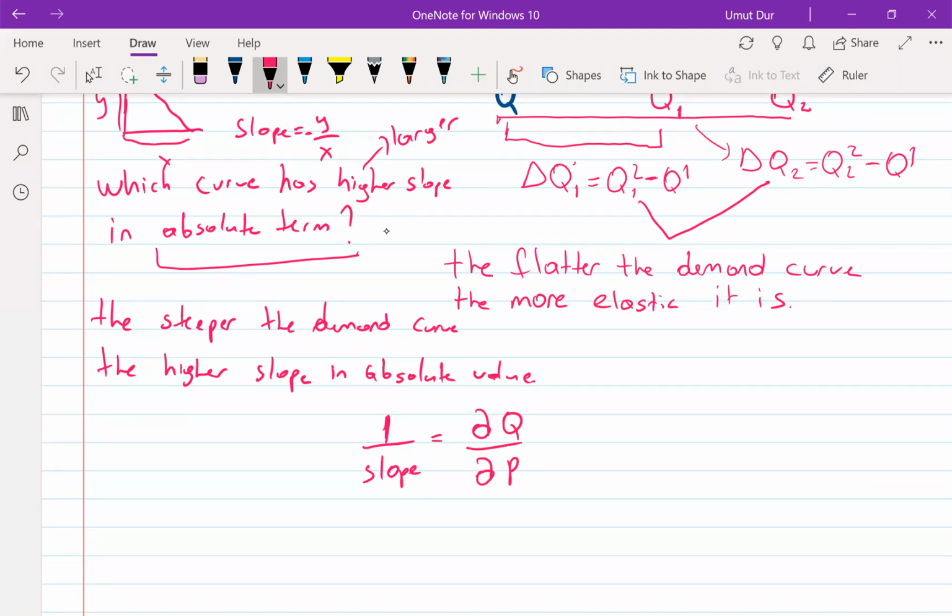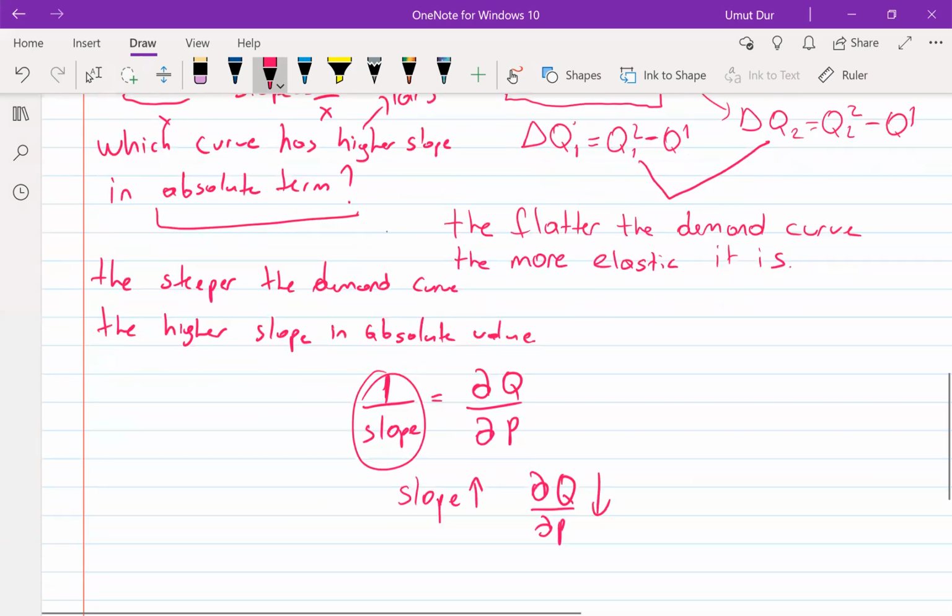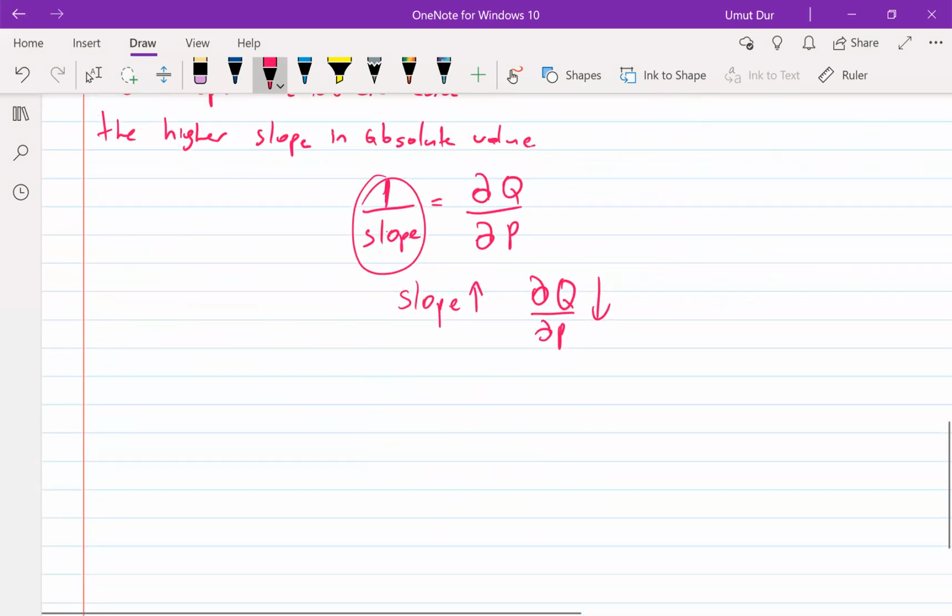So if the slope increases, this derivative decreases. Any question? No question. Okay, let's continue.